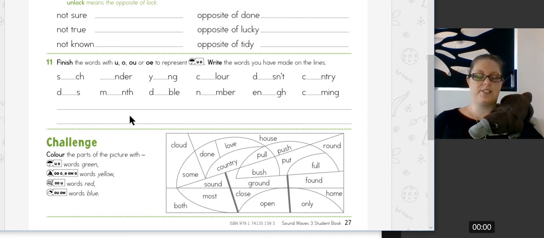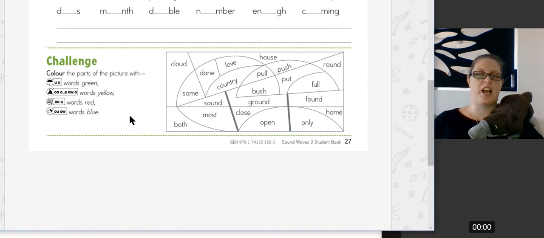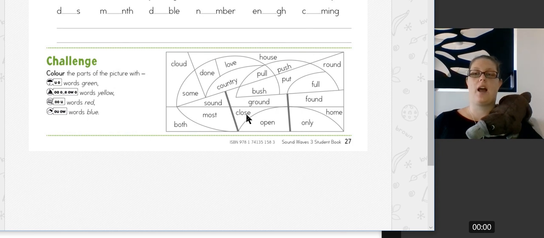Alright, finally for today, we're looking at the challenge. And the challenge asks us to get a green, yellow, red and blue pencil or felt pen, and we're going to colour in the words different colours based on which sounds the different graphemes make. So if we have some words where the U or the O makes that short vowel sound, we're going to colour it green.